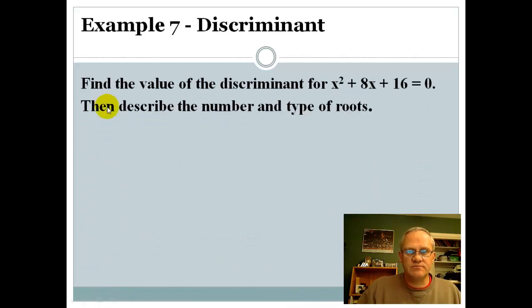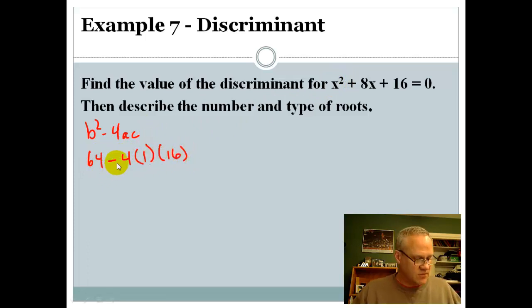Alright, how about this one? Again, remember b squared minus 4ac. So b is 8, and 8 times 8 is 64. Minus 4 times 1 times 16. And 4 times 16 is 64. So 64 minus 64 is, whoops, my mind was jumping ahead there, 64 minus 64 is 0.